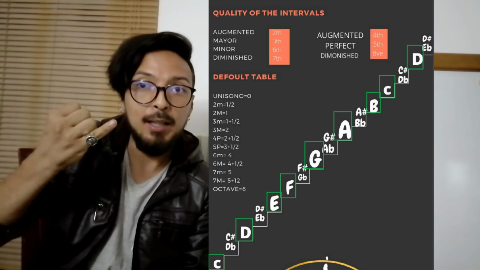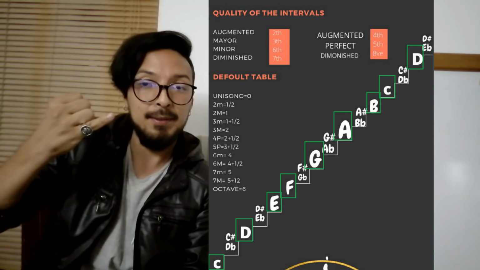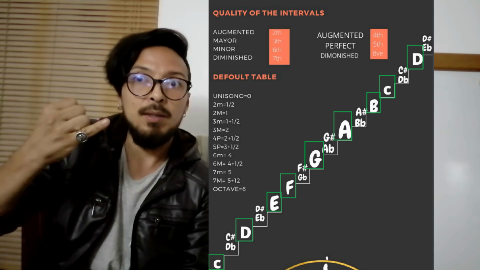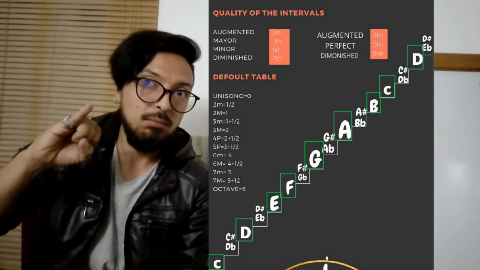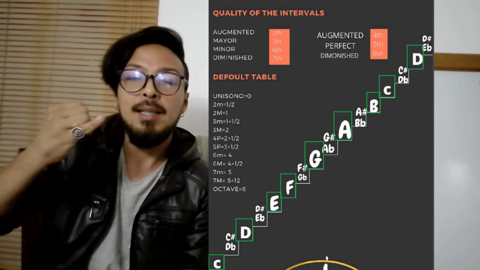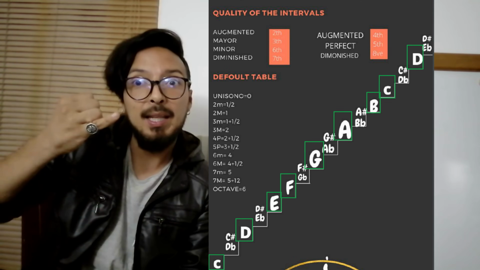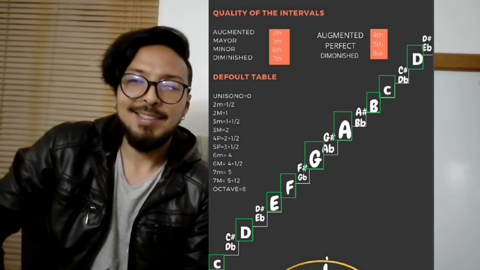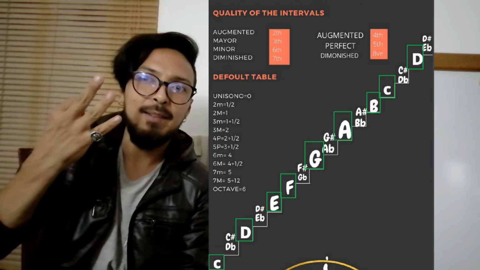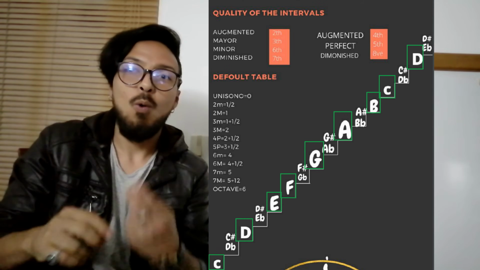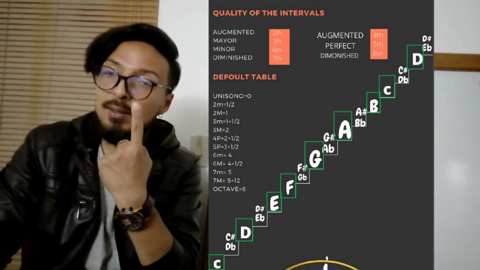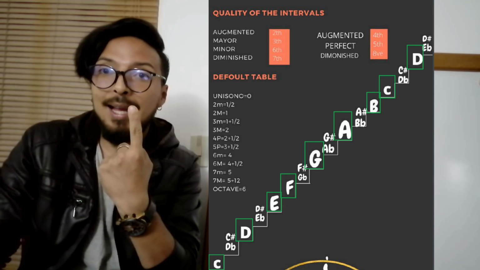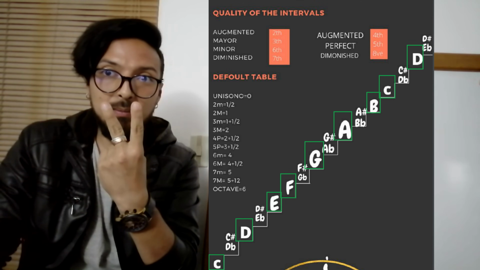A sharp to B, there is a half step. So there is a whole step now. Perfect. Between B and C, there is another half step, right? So there are 3 half steps. 1 whole step and 1 half step.